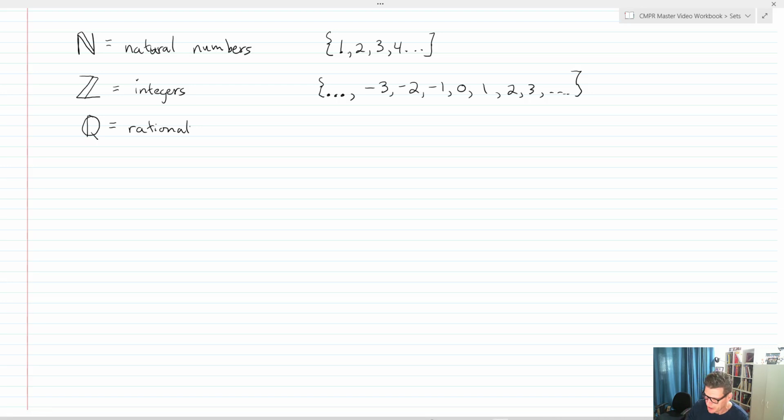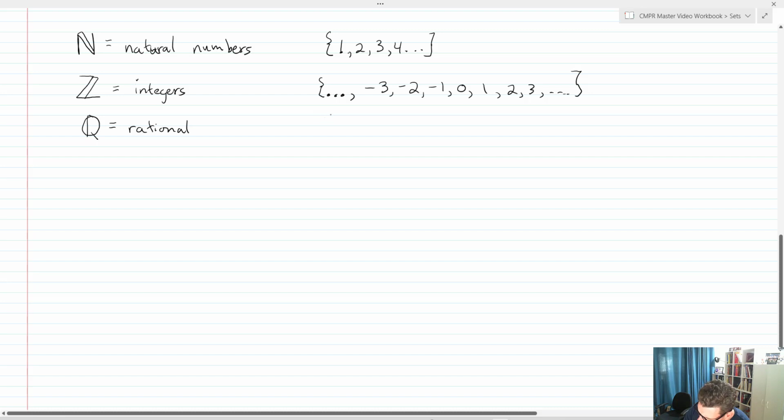We say this is the set of all x belonging to Q such that x equals a over b, where a and b belong to the integers, and b does not equal 0.